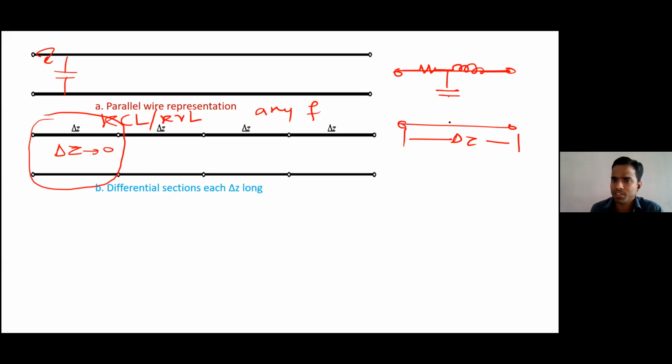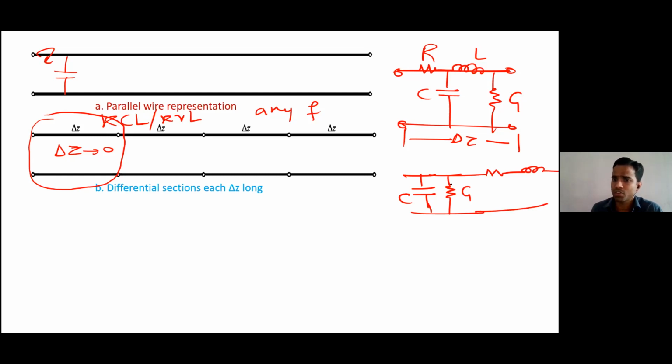We can have capacitance and conductance, so this is R, L, G, C. Or we can have different models, like G and C together, or R and L together.